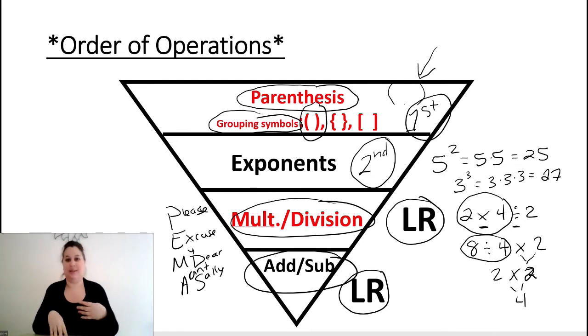Please excuse my dear Aunt Sally. P for parentheses, E for exponents, M for multiplication, D for division, A for addition, and S for subtraction. PEMDAS. If you want to make up your own acronym to help you remember the order of operations, feel free.